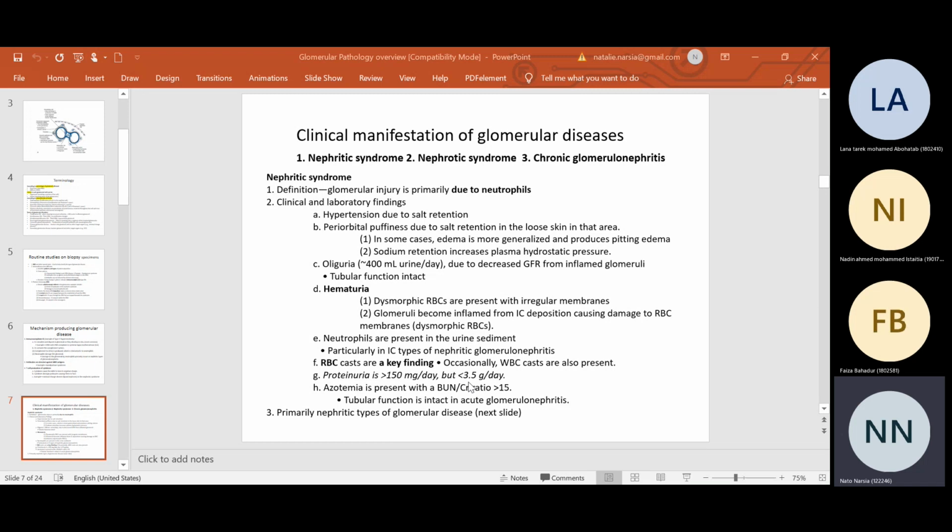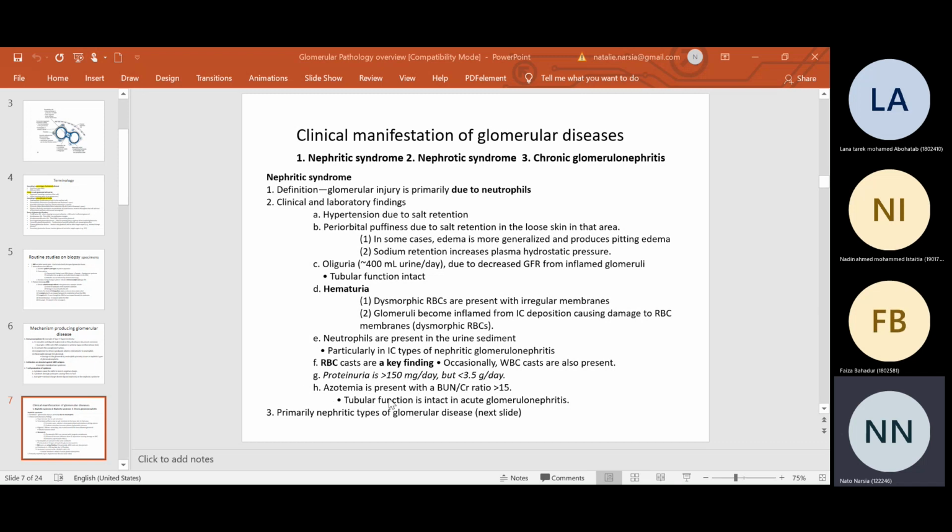So wherever you find some complex cases, for example, they give you this confusing information that the patient has proteinuria, and you immediately think that it can be nephrotic syndrome, but it is not. So in this case, always pay attention to the amount of protein they lose daily. Okay, more than 150 mg, but less than 3.5. So 3.5 is key here.